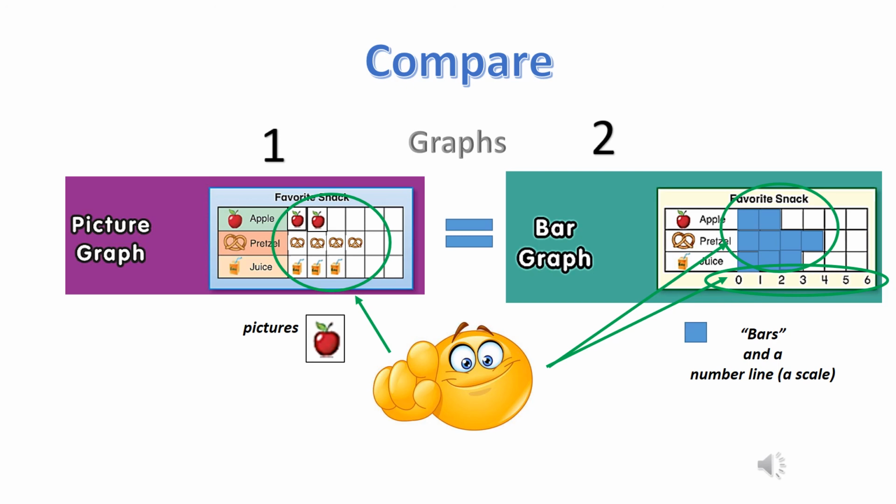Now if we skip over to number 2, the bar graph, the 2 people who picked apple, we'd fill in 2 boxes next to apple. The 4 people who picked pretzel, we'd fill in 4 boxes. And the 3 people who picked juice, we would fill in 3 boxes. When you fill in those boxes, each row looks like a bar going across the page. And remember, it has a number line, which we call a scale.